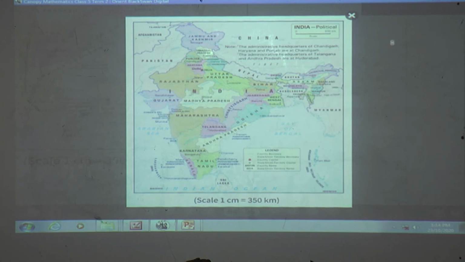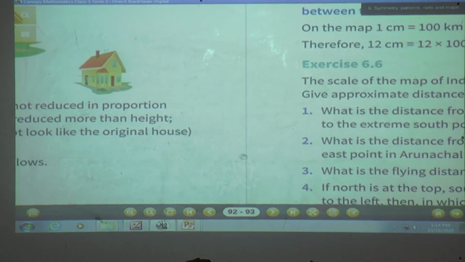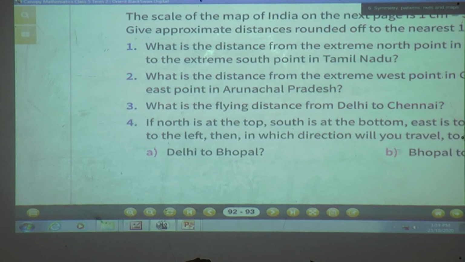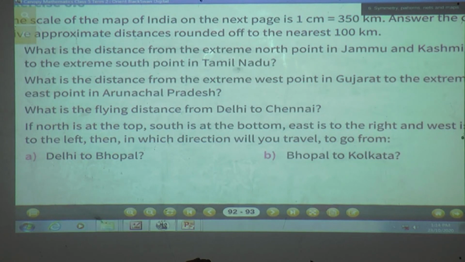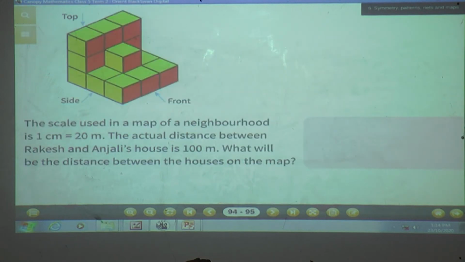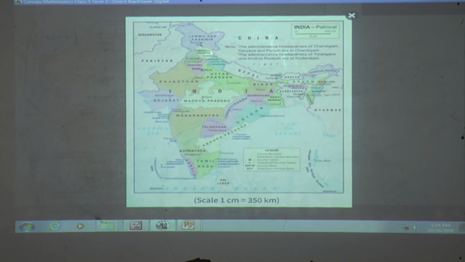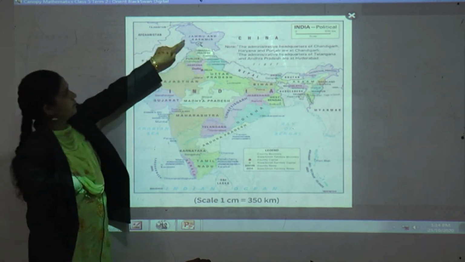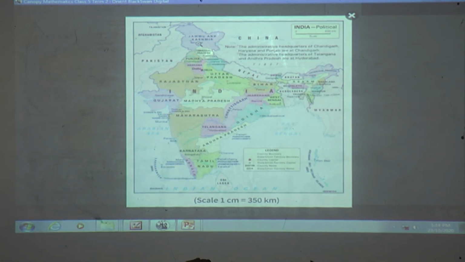So students, our first question is, see carefully, what is the distance from the extreme north point in Jammu and Kashmir to the extreme south point in Tamil Nadu? So students, see, where is Jammu and Kashmir on the map? Here is Jammu and Kashmir, and here is Tamil Nadu. Use the scale and count the distance in centimeters.